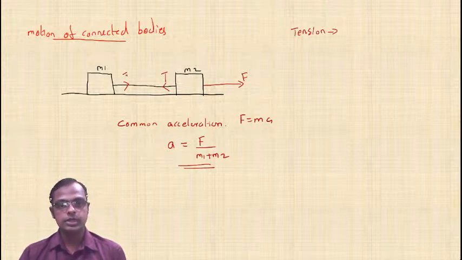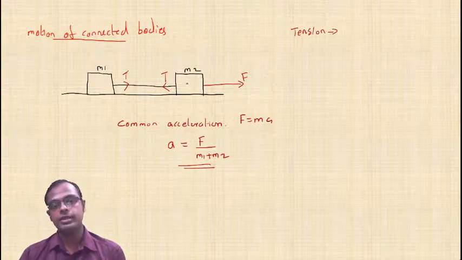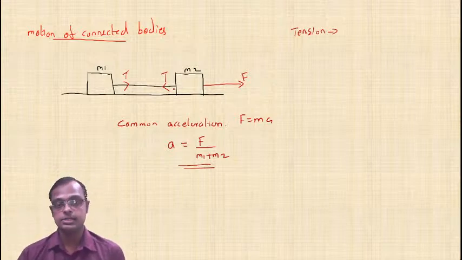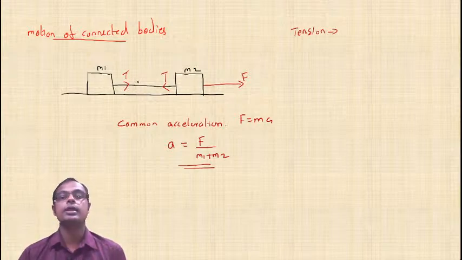Because of this tension only, M1 is accelerating. Just imagine there is no string connected. When you apply the force, M2 only will accelerate. But here M2 as well as M1 are accelerating only because they are connected with an inextensible, massless string. That means this tension makes M1 accelerate.